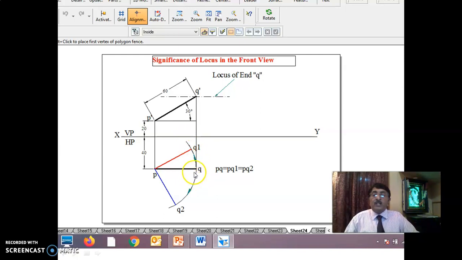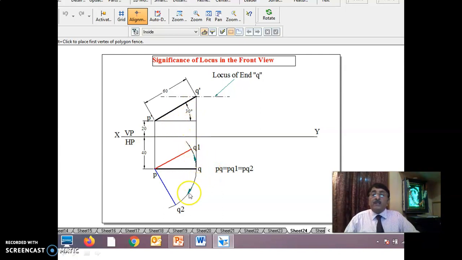Even if I rotate the line with end Q, keeping P fixed, the inclination to VP goes on changing. But throughout this process, inclination to HP always remains at 30 degree. That you should always remember.